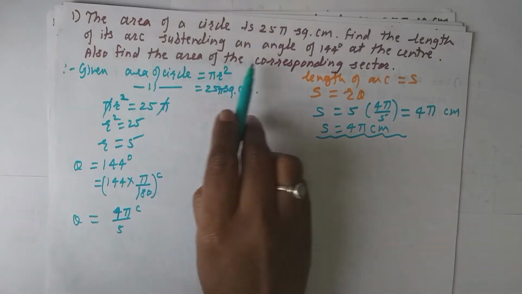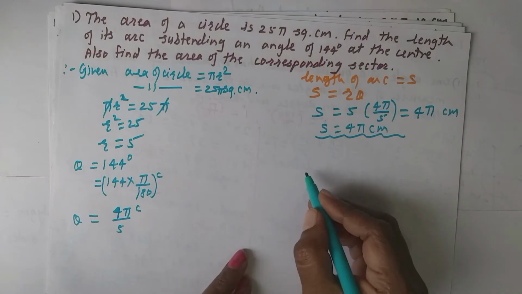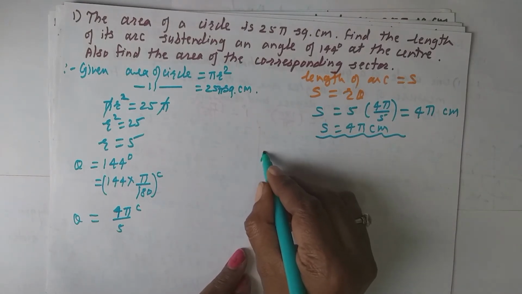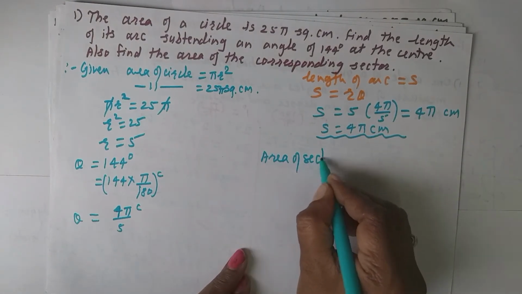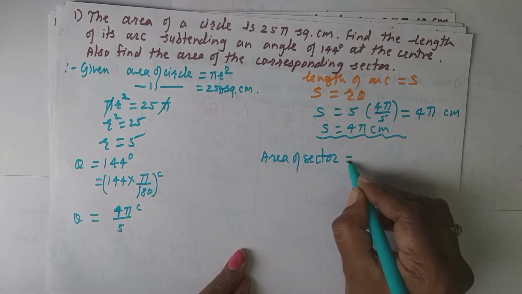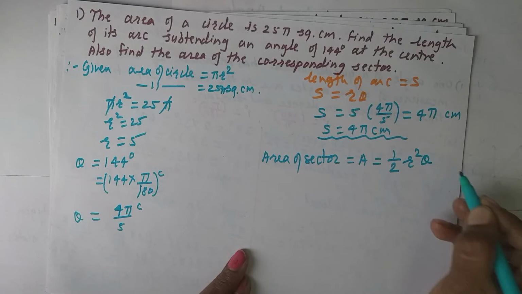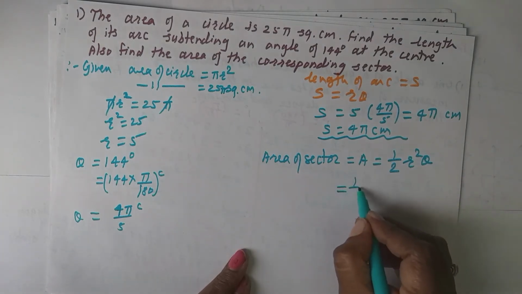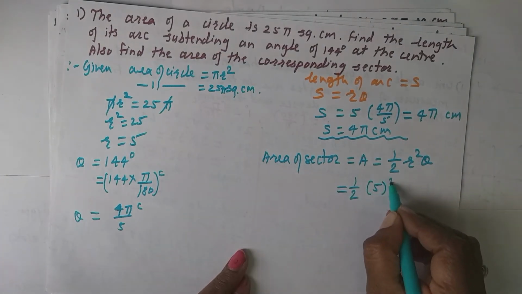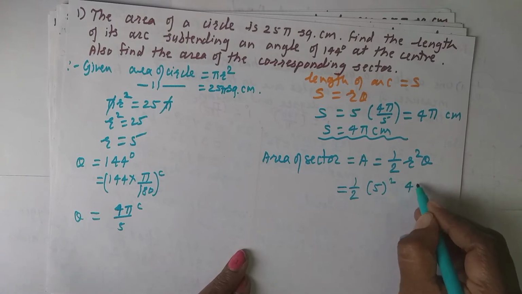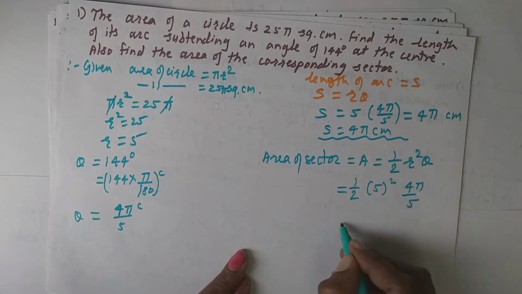Then I will find area of corresponding sector. Write down the formula, area of sector. If I denote this area of sector by A, then what is the formula for area of sector? That is half r square theta. Then keep the value of r, then keep the value of theta and simplify this.